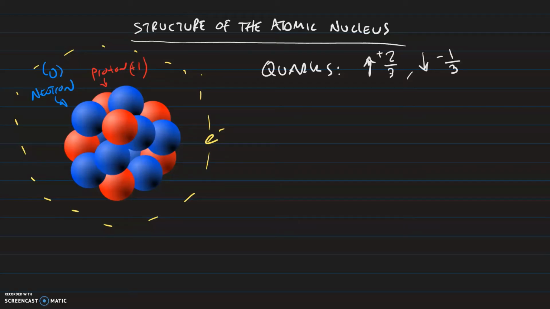This is very interesting because it can help determine why neutrons have a charge of 0 and a proton has a charge of 1. We can do a little bit of math and look at it. So neutrons contain 1 up quark and 2 down quarks.